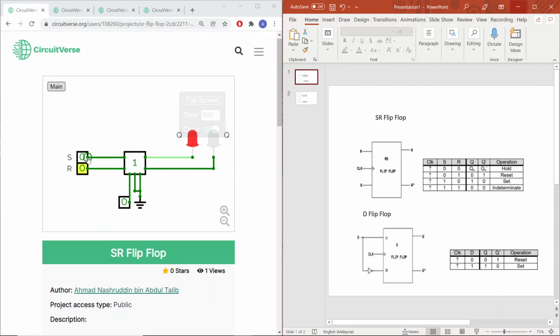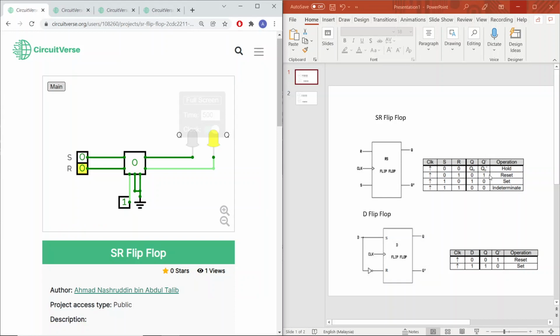So the simulation is when the previous output stored in the chip is 1, so the output is 1. So what if the previous stored output is 0? If S and R are 0, the output is 0 for Q.